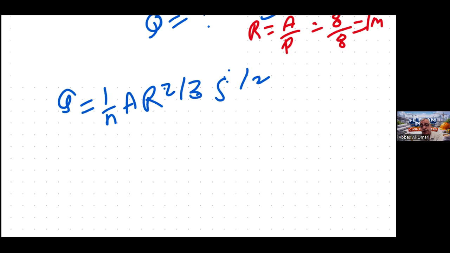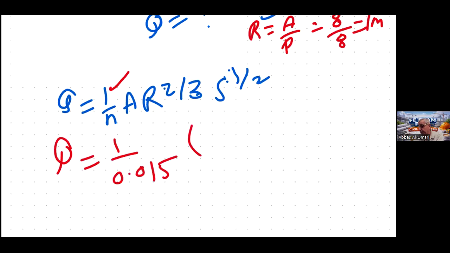Now in the Manning equation, if the units are metric, the constant is 1, which is our case here. If it is feet, the constant is 1.49. So we have metric units here, so we use 1. Now we simply plug in the numbers: 1 over 0.015, by the area, 8 square meters, R is 1 to the 2/3, and S is 0.0005 to the 1/2.